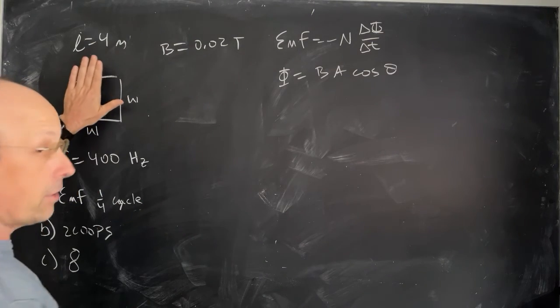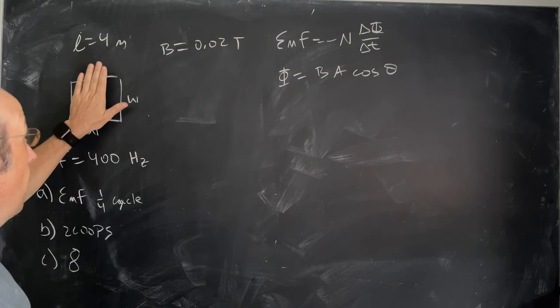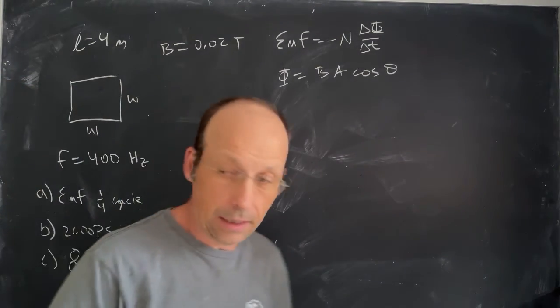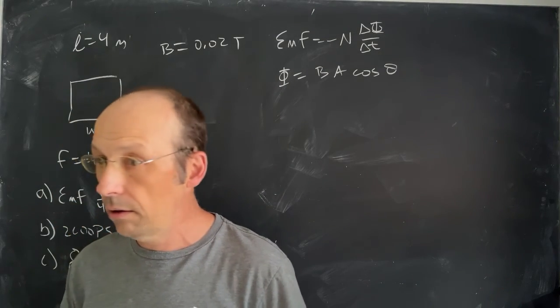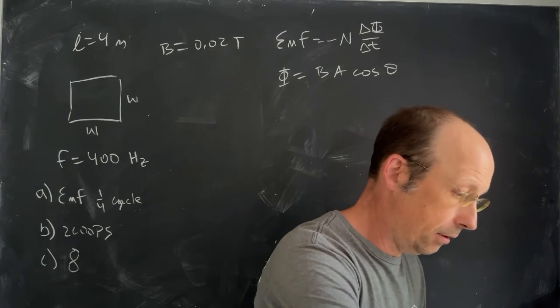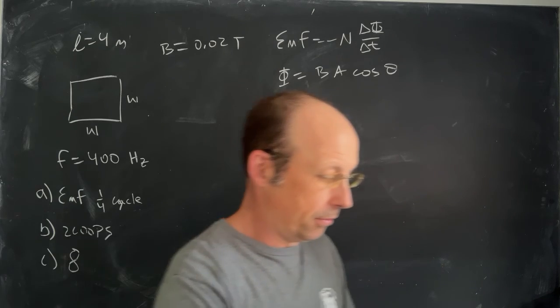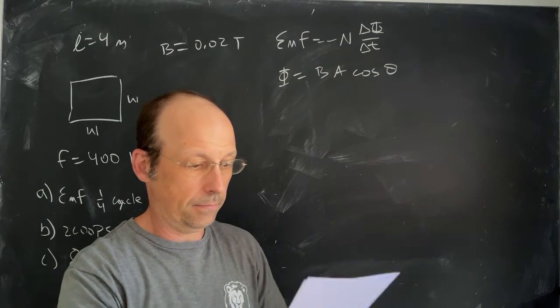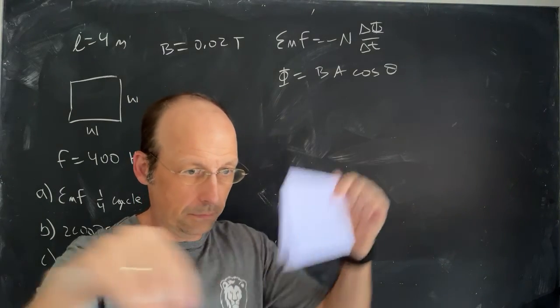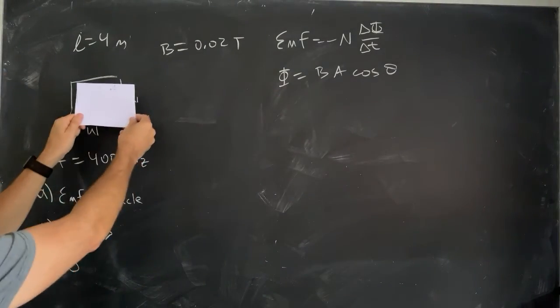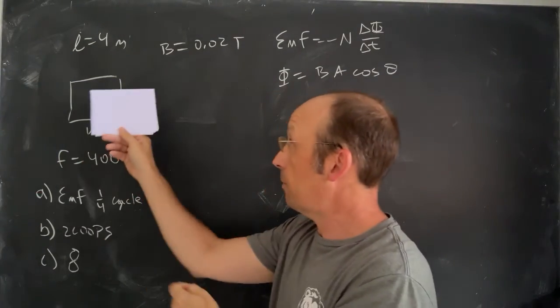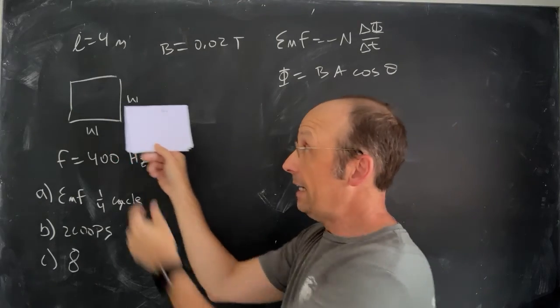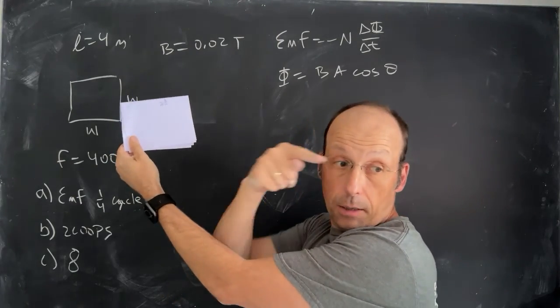So let's imagine that this coil goes through a full rotation. I need a square. How about I just use this piece of paper? Okay, so there's my square right there. Let's imagine I have that square, and the magnetic field is this way, coming out of the board.